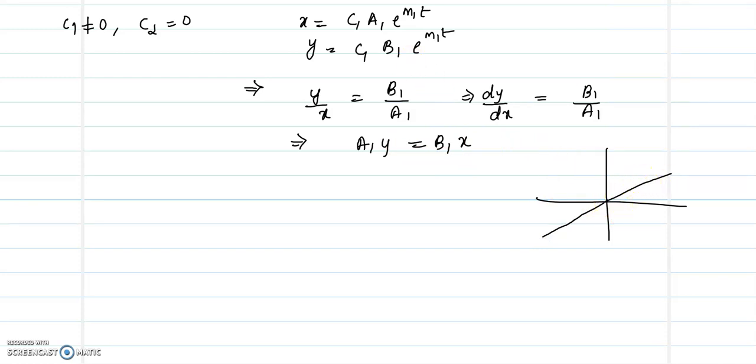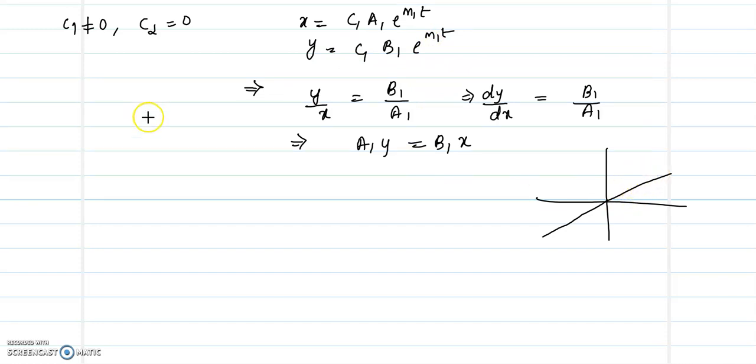And now we have taken m1 to be negative. Since m1 is negative, e raised to m1t will be approaching 0 as t tends to infinity, so y also will be approaching 0 as t tends to infinity.